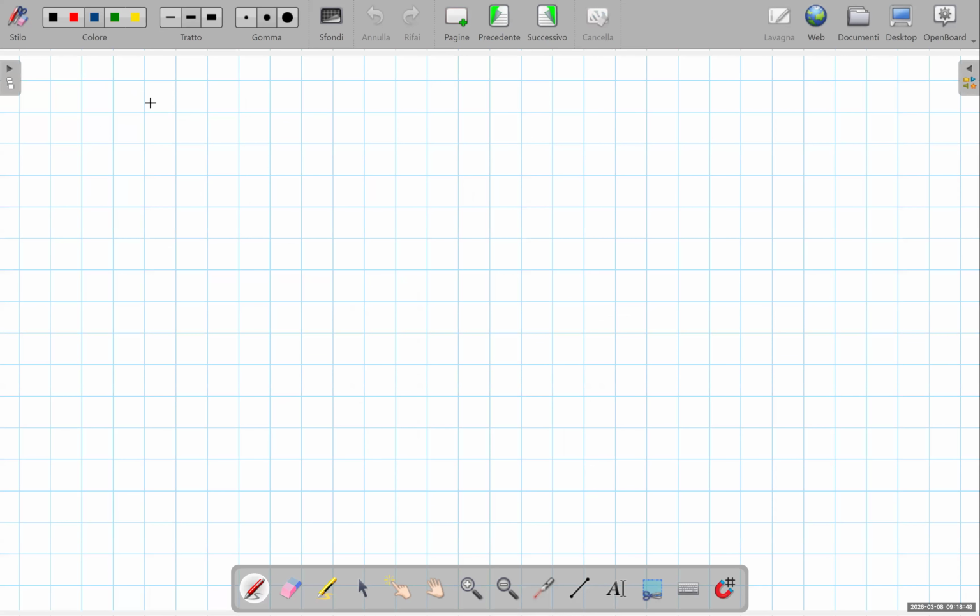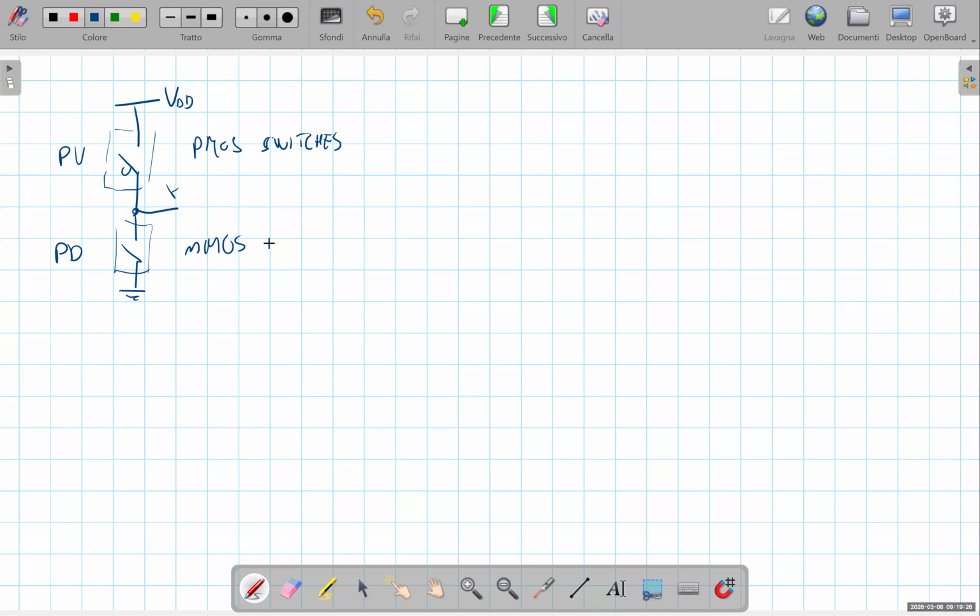So we have gates in which we have a pull-up network which can be composed of one or more PMOS switches, and a pull-down network which is composed of one or more NMOS switches.